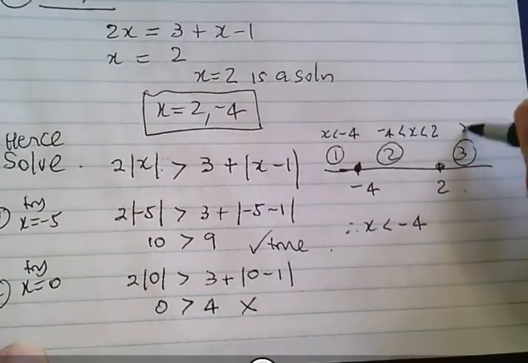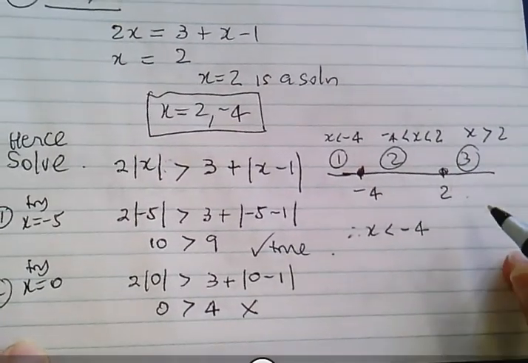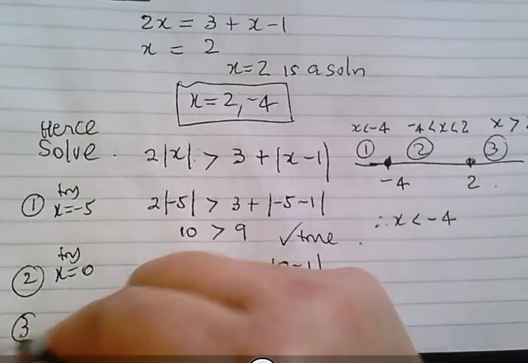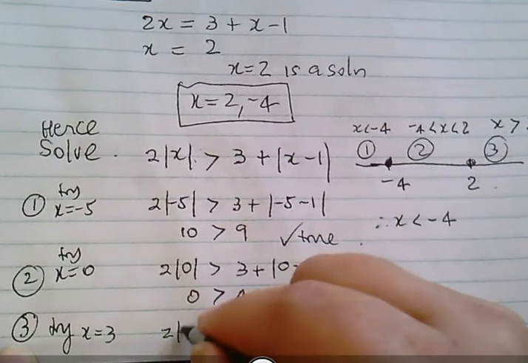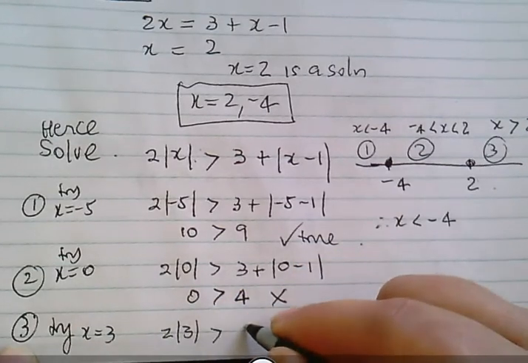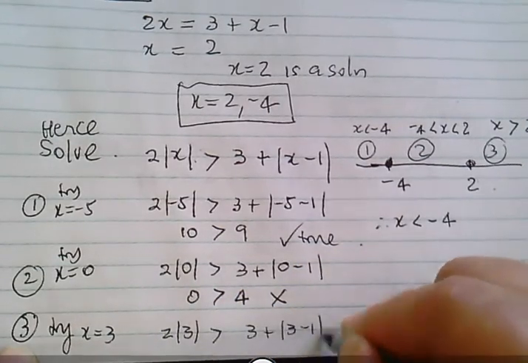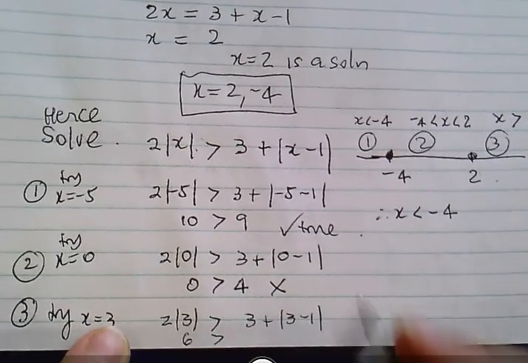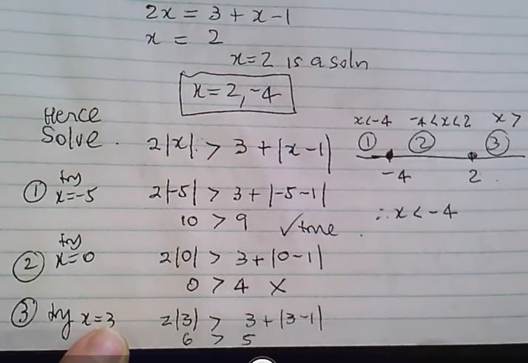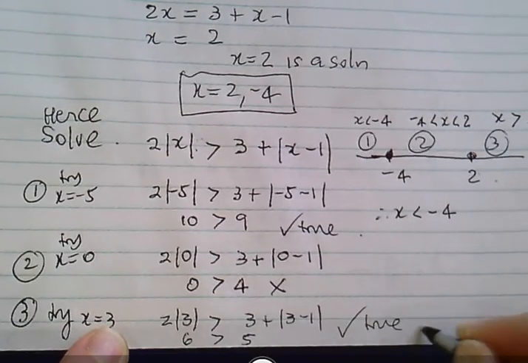And then in my last area, x is greater than 2. Let's just try x is 3. 2 times absolute value of 3 is greater than 3 plus absolute value of 3 minus 1. 6 is greater than 3 plus 2, 5. True.